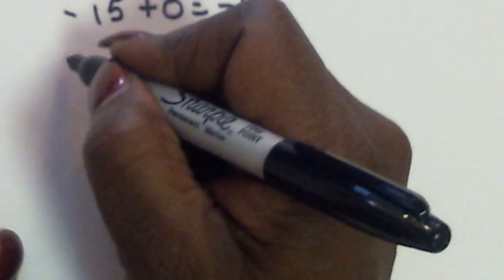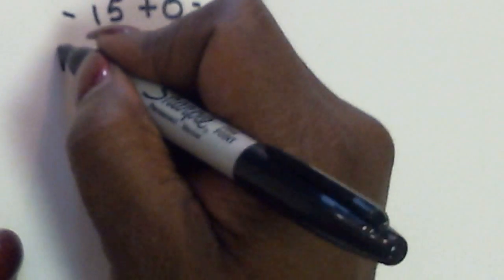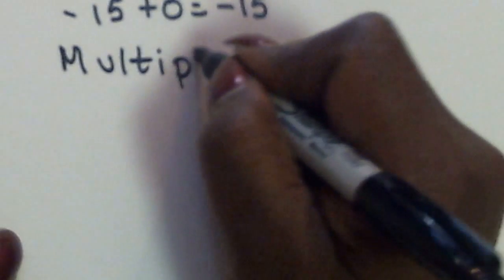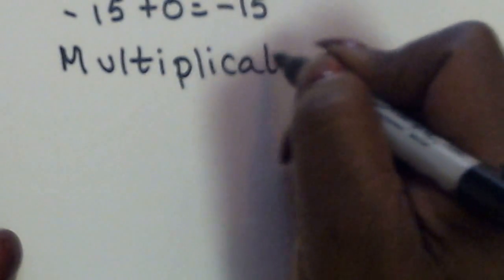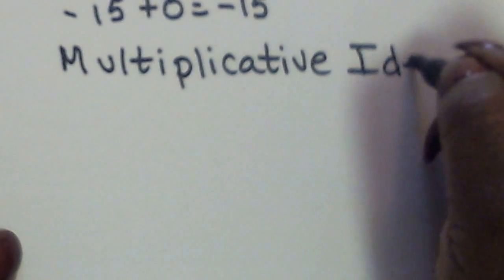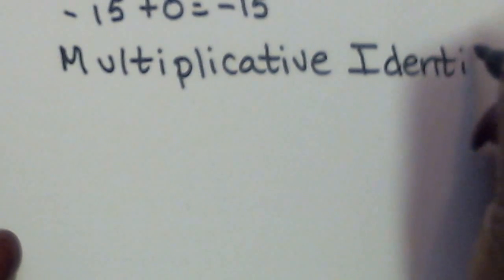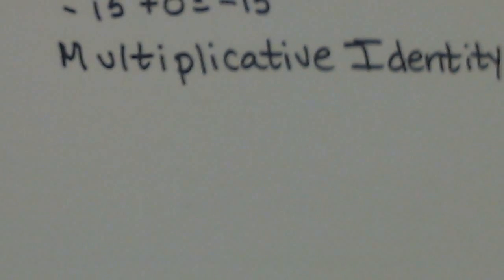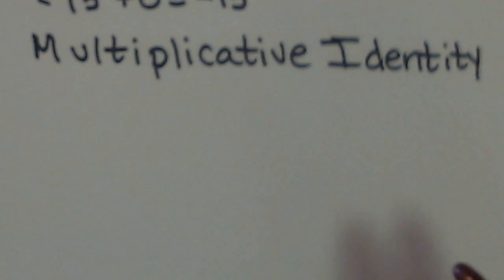The next property is the multiplicative identity. And it has the same definition. I need to find a number that will return the input unchanged.